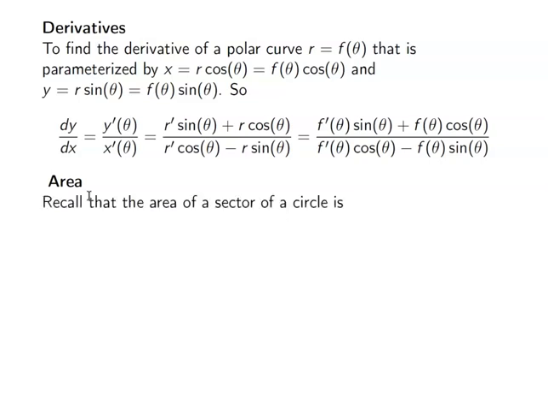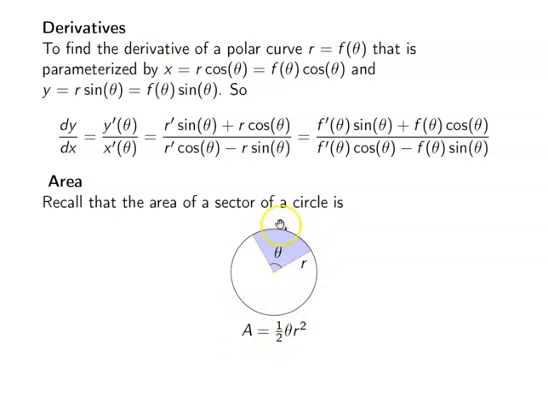So let's recall that the area of a sector of a circle is given by 1/2 theta r squared. And this should make sense to you because when I have the entire circle, my angle is 2 pi, right? And so 1/2 times 2 pi r squared gives me pi r squared, which is the area of a circle.